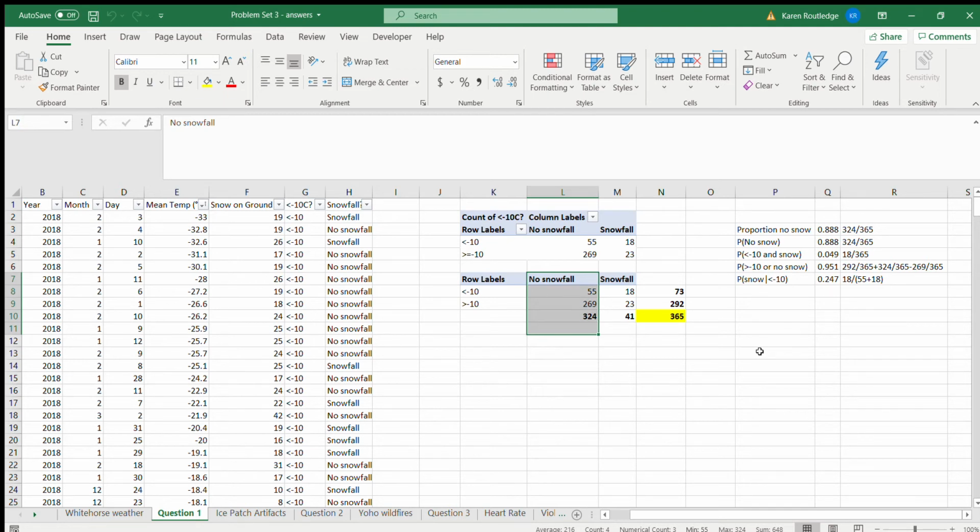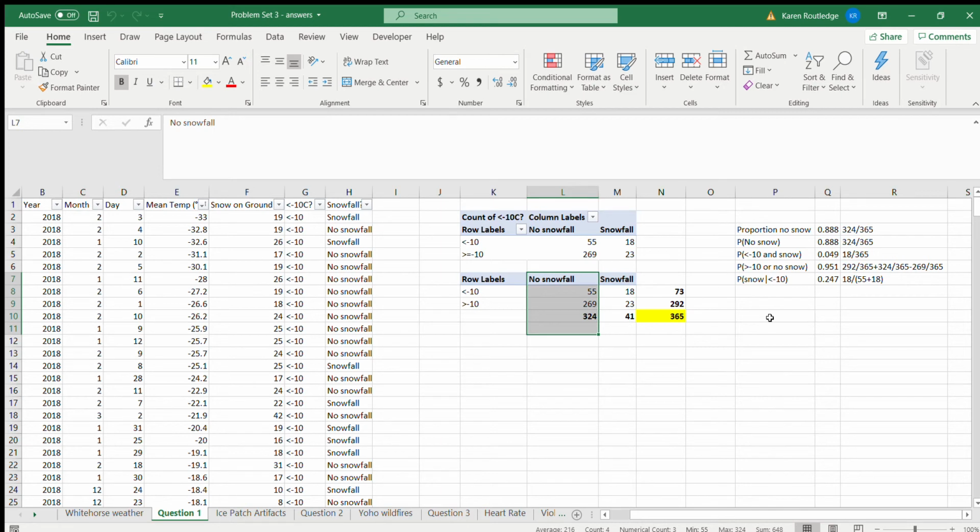They mean the exact same thing. So our probability of no snow is the amount of days, the amount of data that had no snow, divided by the total number of days. And we should get, and do get, the exact same number. So the proportion and the probability, at least when we're talking an empirical probability, means the exact same thing.